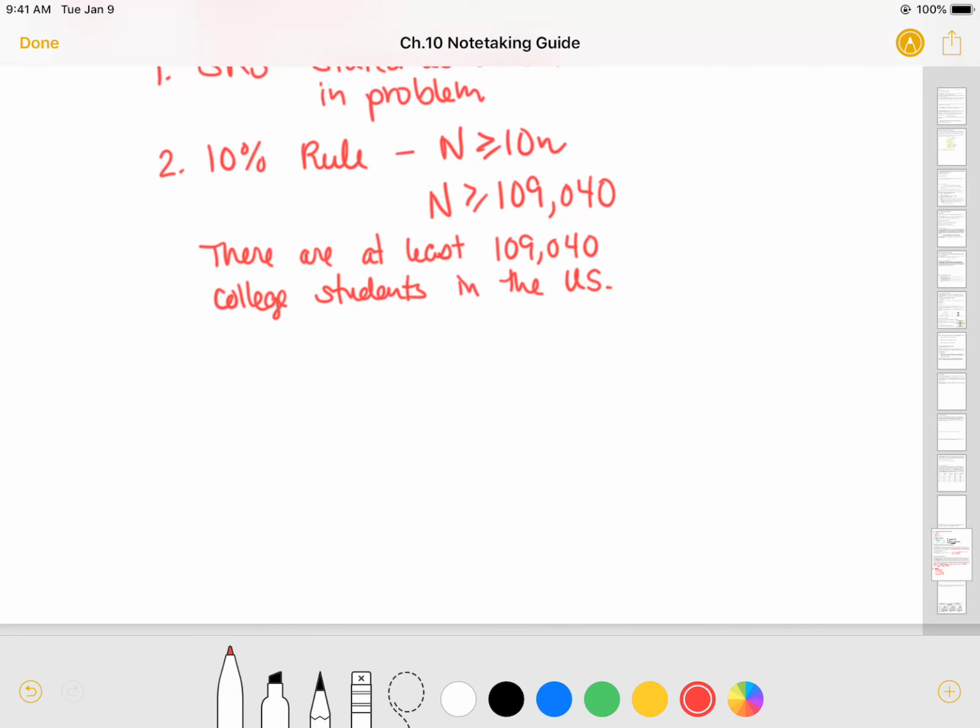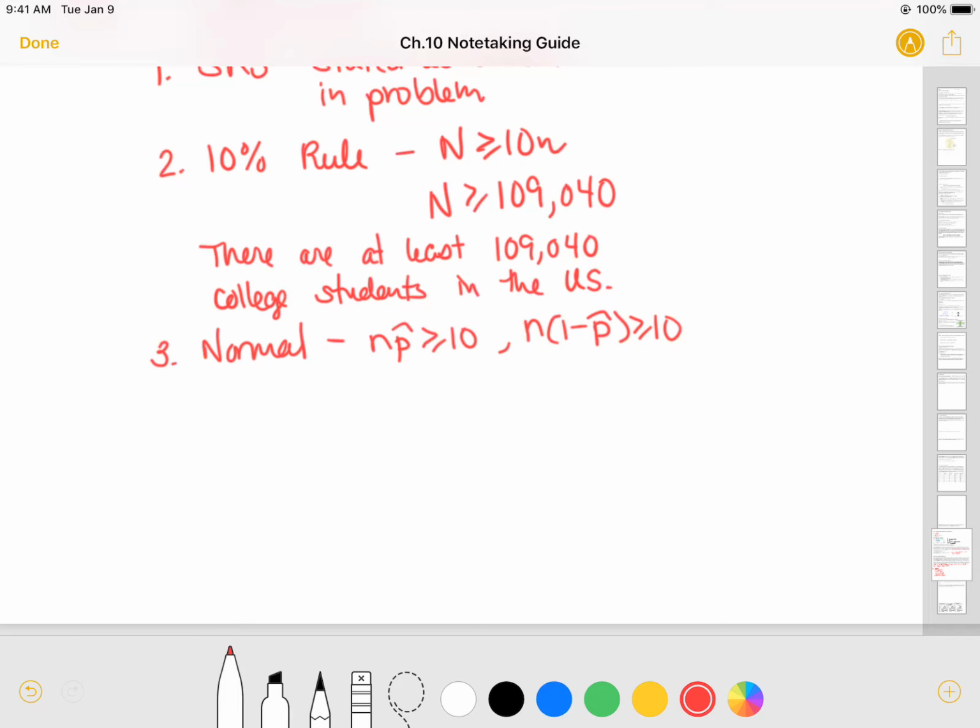Okay, and then condition number 3 for normality here. What we need to check is that n times p hat is greater than or equal to 10, and n times 1 minus p hat is greater than or equal to 10.